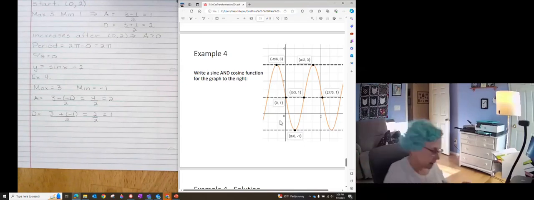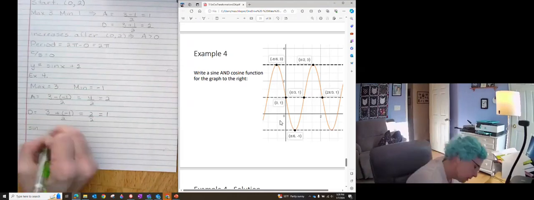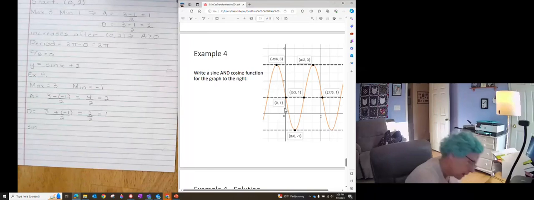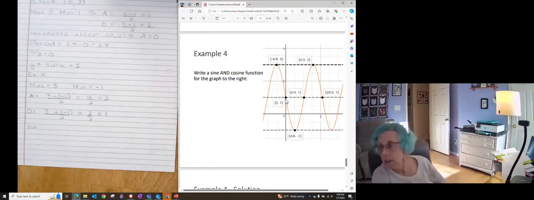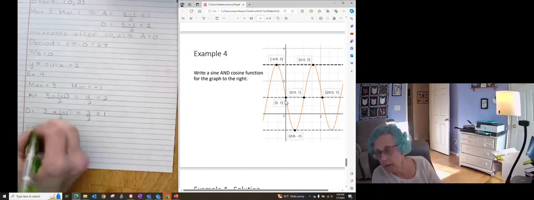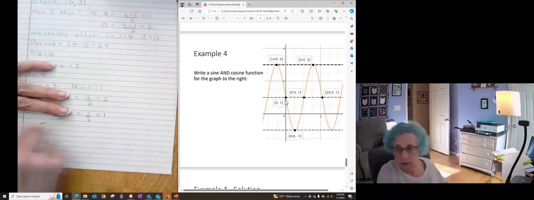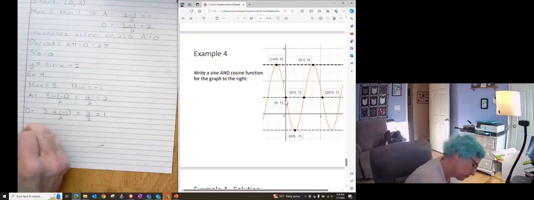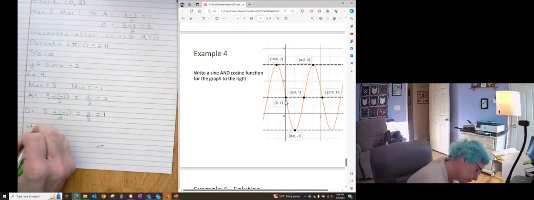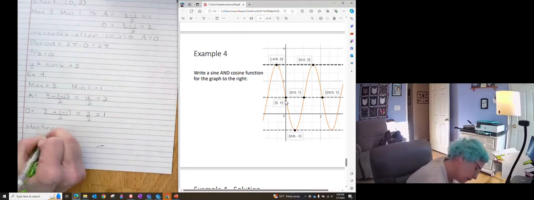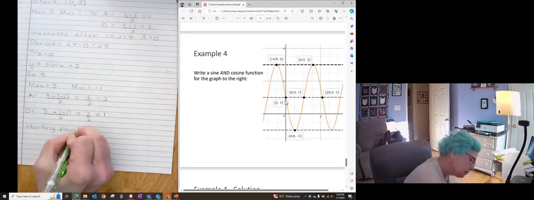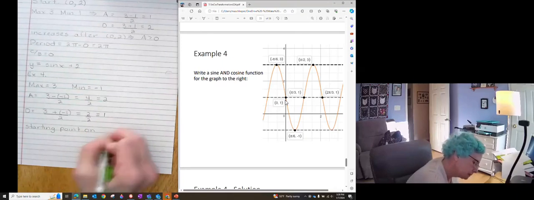Now let's talk about sine. If the starting point is here on the y-axis, it's not the origin because it's the point (0, 1). So, for sine, you need a starting point on the midline.